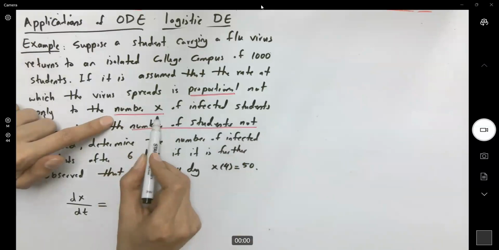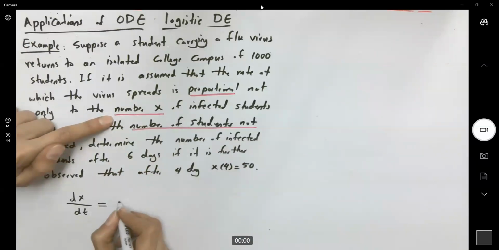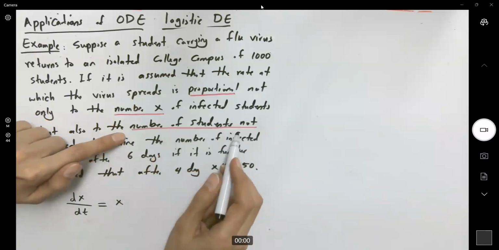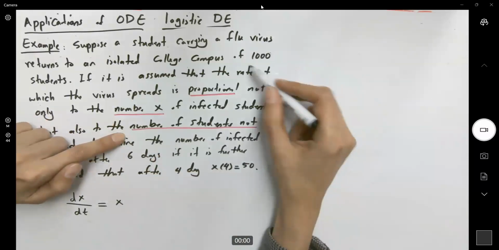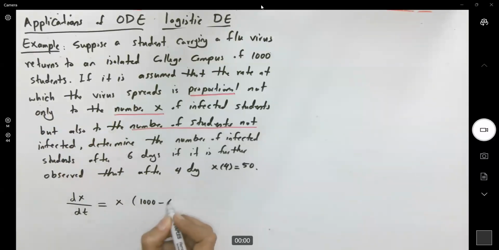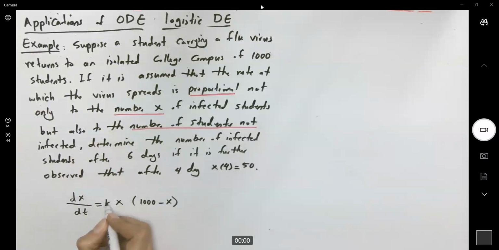The number X of infected students, and also the number of non-infected students. How many students do we have in total? 1,000. So if X of them are infected, 1,000 minus X are not infected, and we have to multiply that by a constant of proportionality.